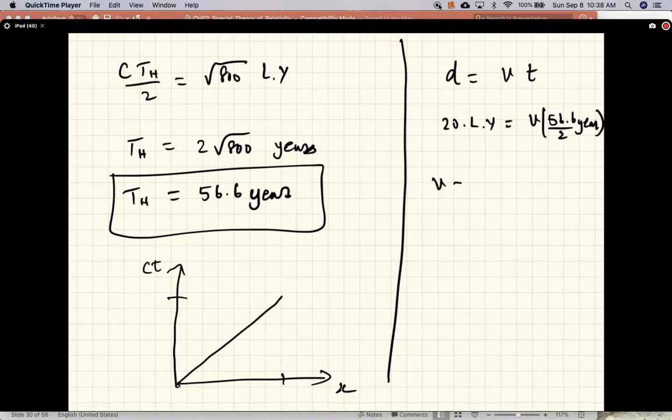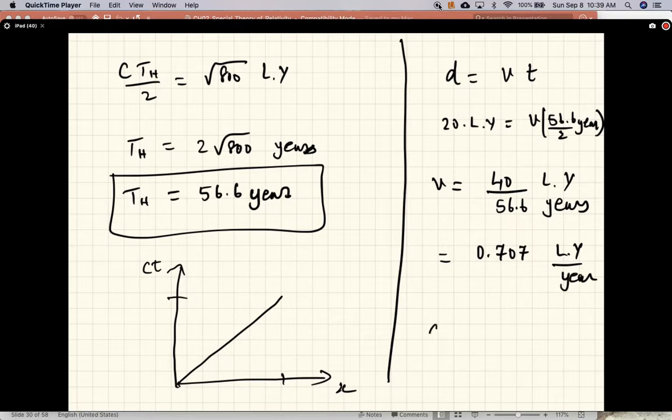So the speed of the astronauts is 20 light years divided by 28.3 years, or 40 light years divided by 56.6 years. And that is 0.707 light years per year.